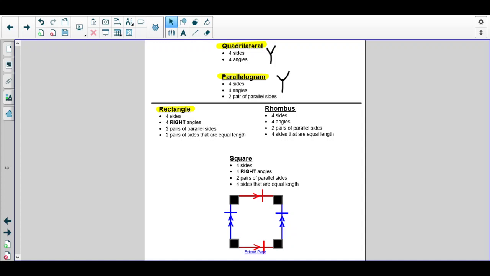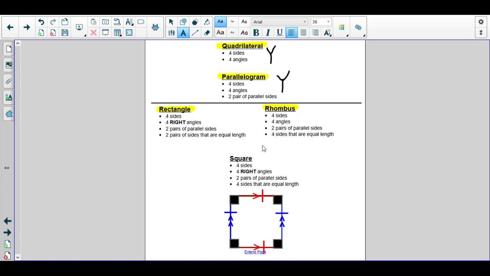So we change the hash marks here from the 2 to the 1. So we have, for sure, a rhombus. Now we take a really quick look here at the four angles. All right. We do have angles. They just happen to be a special kind of angle, a right angle.